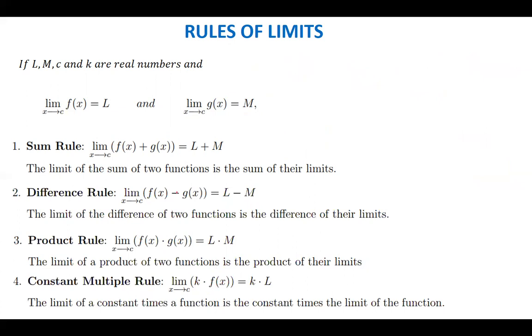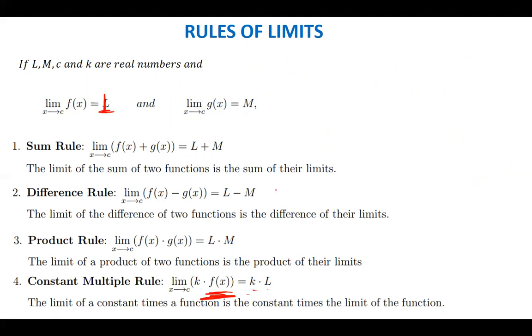So when you have this k multiplying a certain function f of x, if the limit of f of x when x is approaching c is L, you're just going to multiply this L times k.